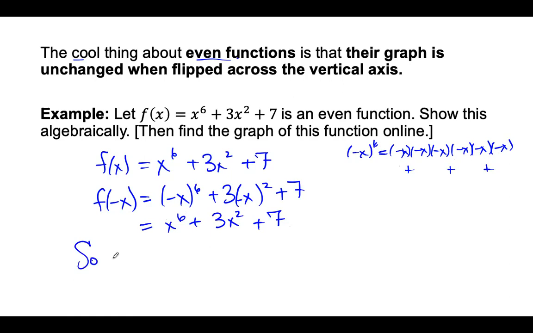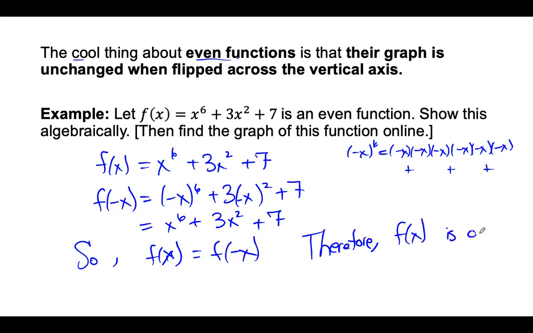So therefore, we can see this. Therefore, this function is an even function.